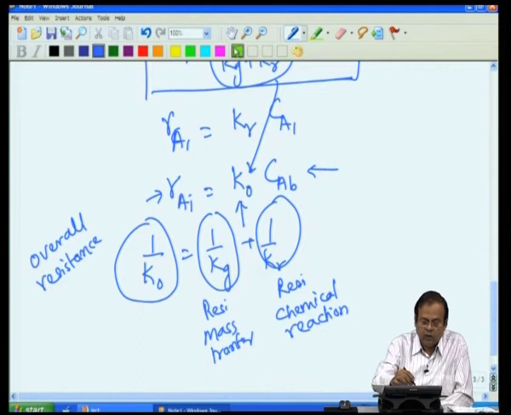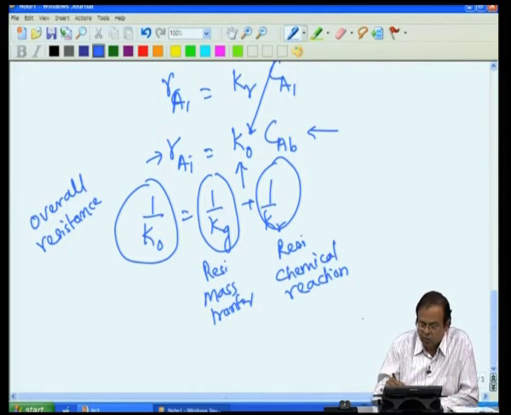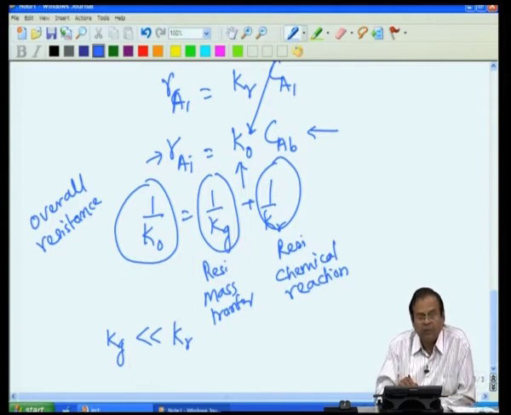So, now we can clearly see that if mass transfer resistance is high compared to chemical reaction, that means the mass transfer value Kg is very much lower than Kr. That is the situation where mass transfer resistance will be high.